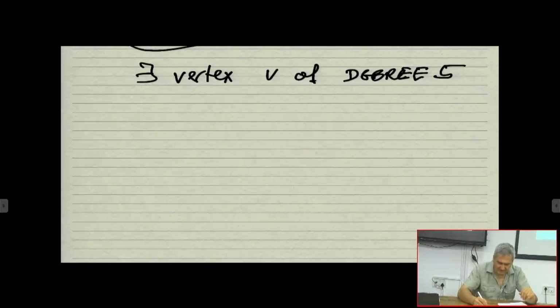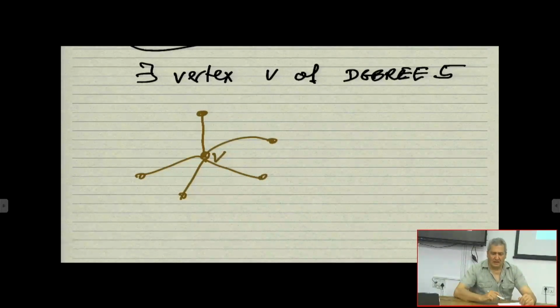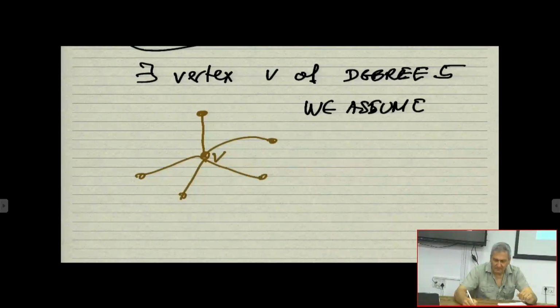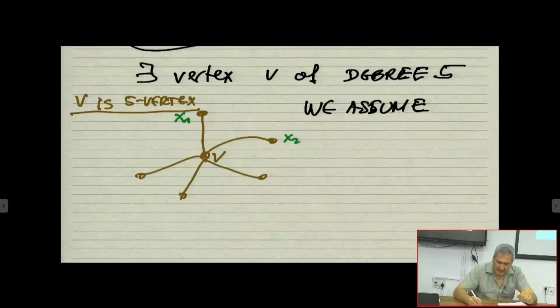So I will draw this vertex. By minimality, by criticality of the graph, we assume V is a 5-vertex. We denote the neighbors x1, x2, x3, x4, x5.